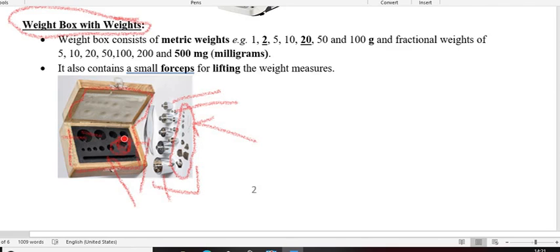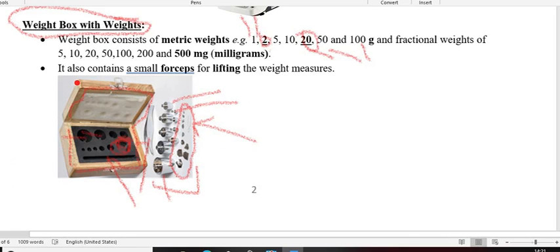Usually the metric weights vary from 1 gram, 2 gram, 5 gram, 10 gram, 20 gram, 50 gram and 100 gram, in which 10 gram as well as 2 gram are double in number.